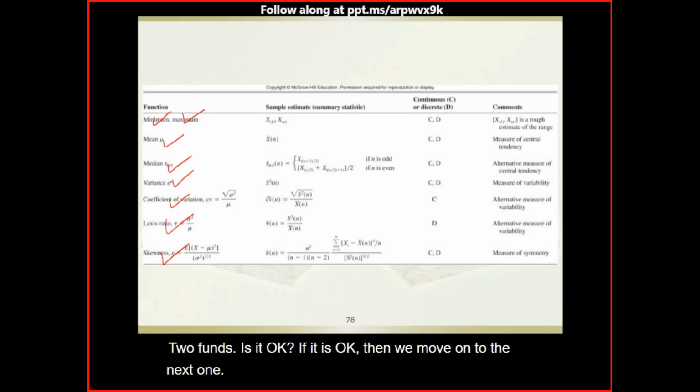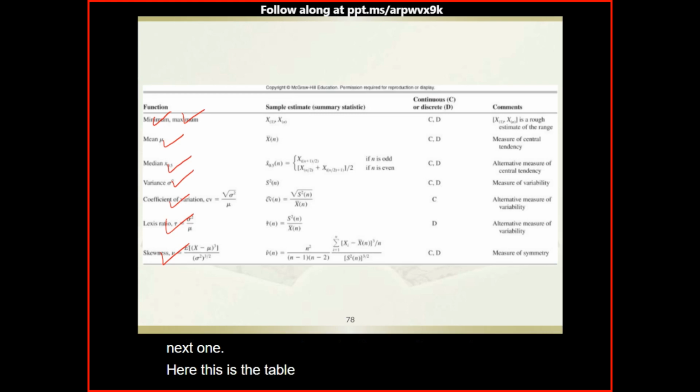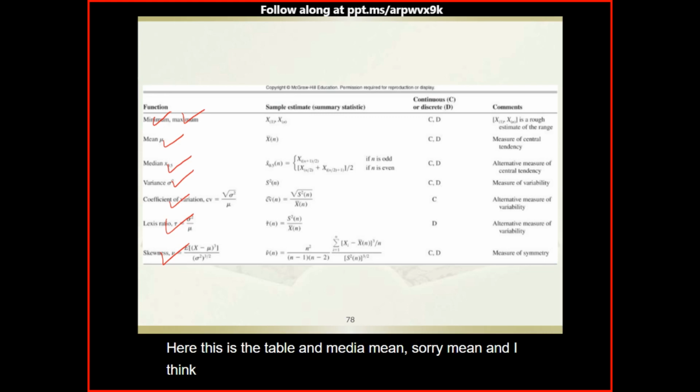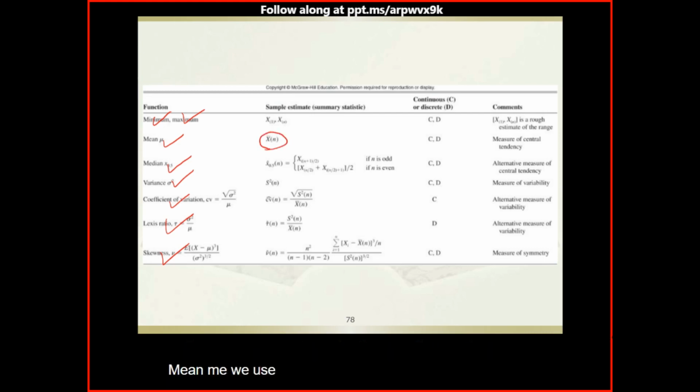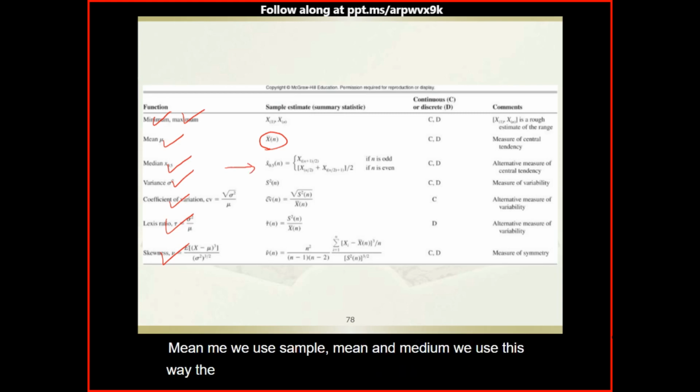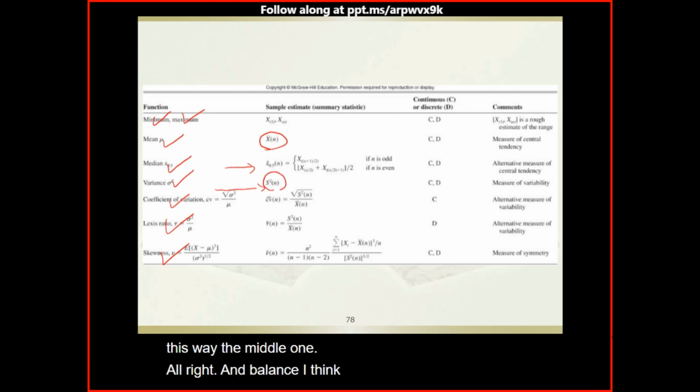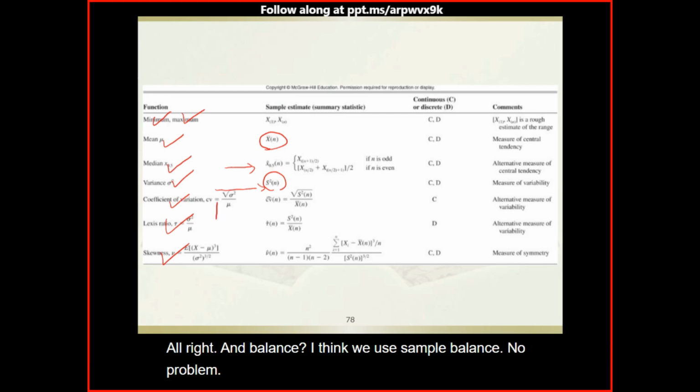Here, this is the table. Median, mean, and maxima, I think no problem, right? Smallest one and largest one. For mean, we use sample mean. And median, we use the middle one. And variance, I think we use sample variance, no problem. As for CV, this is the definition.